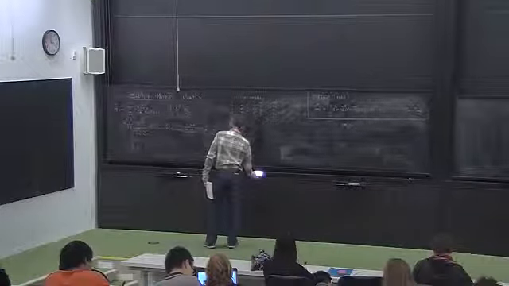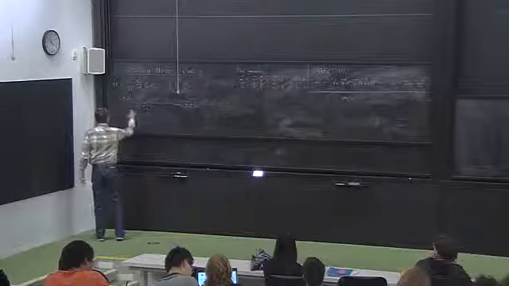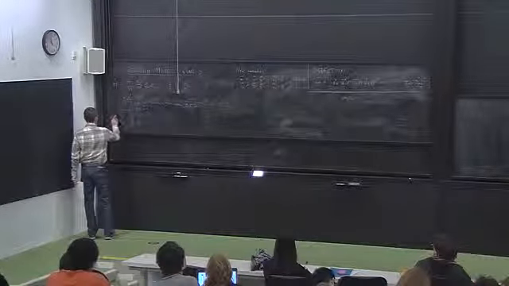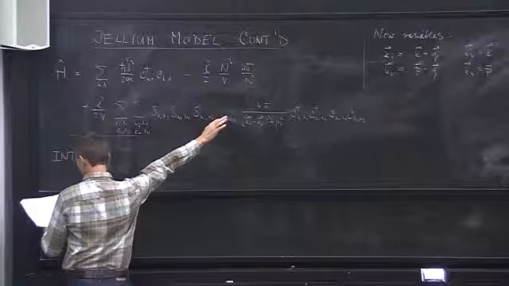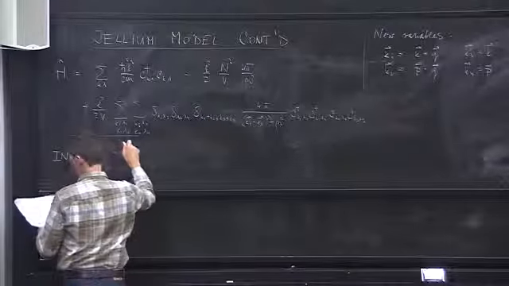I will move this a little higher. So I'm just rewriting the interaction term, this one here. The first one remains the same in those variables, and it simplifies like this.